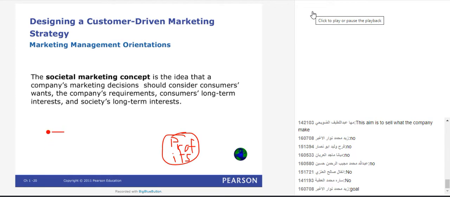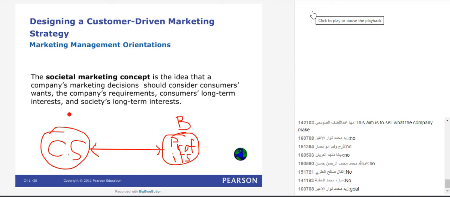And then when the marketing concept was introduced, there was another concern, which is customer satisfaction. So we have here two ways. We have here the business and the customer.